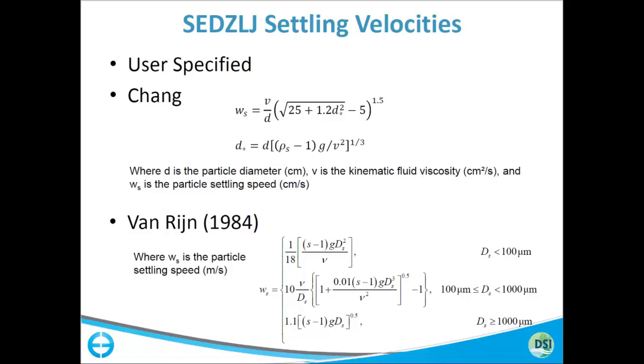That's changed in Van Rijn, using your standard approach here with diameter and viscosities, etc., and these different grain size bins produce this curve here. We have three curves shown here: Chang, Van Rijn, and Stokes.